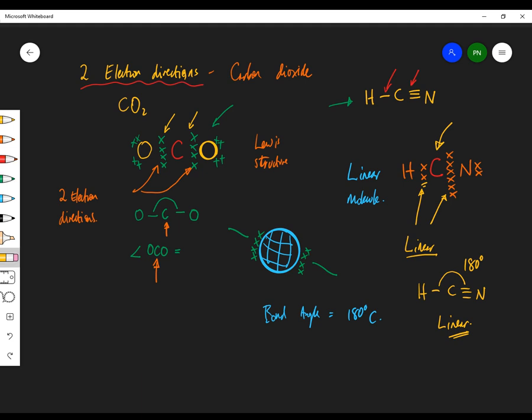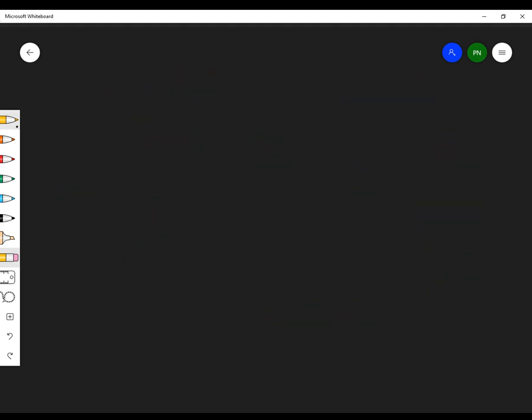All right, let's have a look at 3 electron directions. Okay, now this is 3 electron directions. Now the common one here is given as boron trifluoride, BF3.